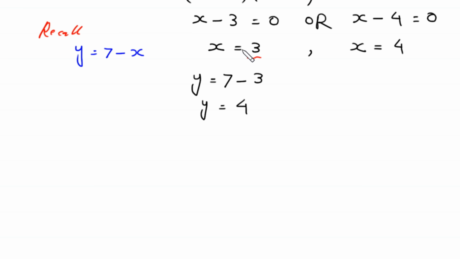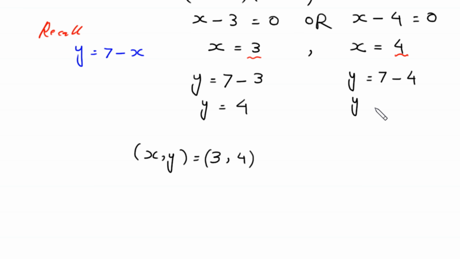So from here we get the first pair, x comma y is equal to 3 comma 4, and when x is 4, then y will be equal to 7 minus 4, and y is equal to 3. So from here we get the second pair, x comma y is equal to 4 comma 3.